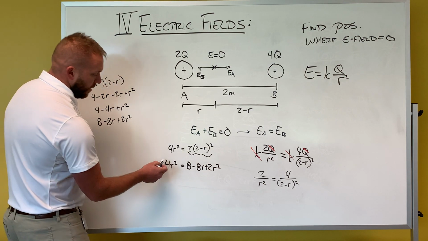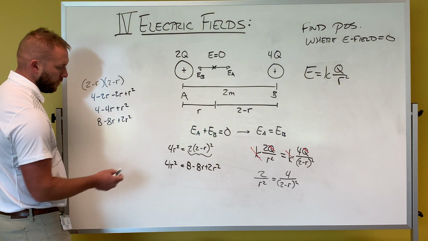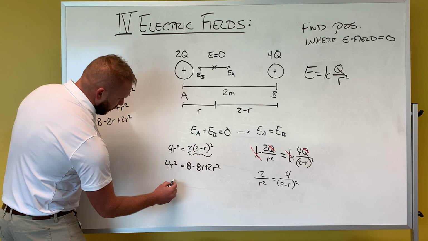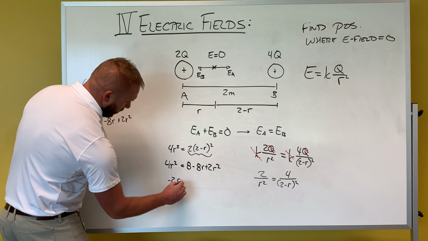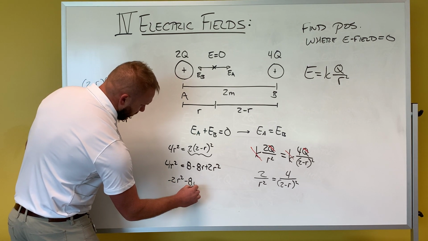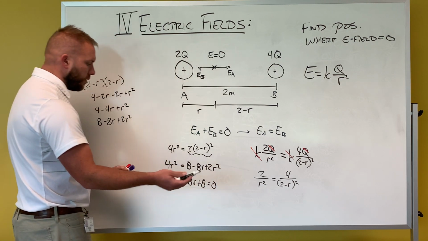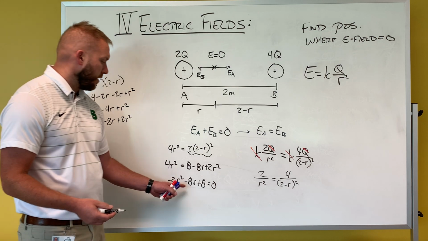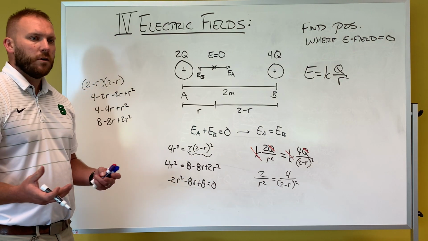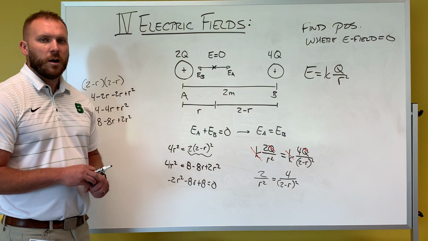I can subtract the 4r squared over to the other side, and I'm left with negative 2r squared minus 8r plus 8 equals 0. What you can do then is solve for the values of r using our quadratic formula if we need to.